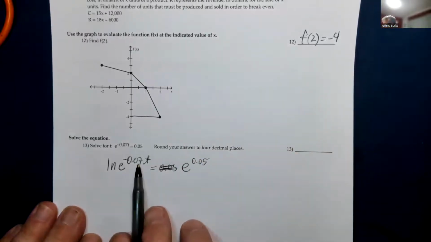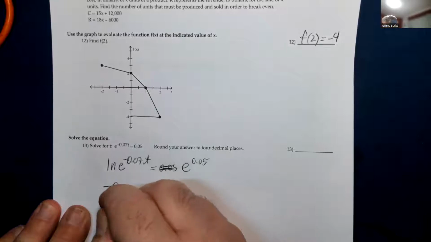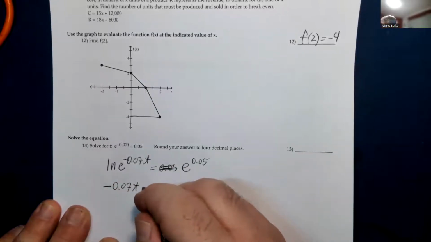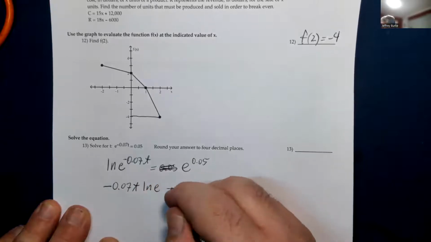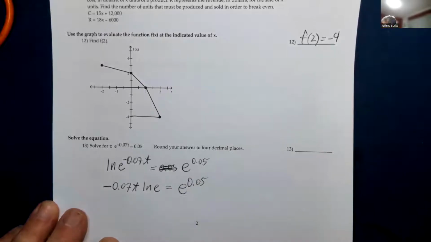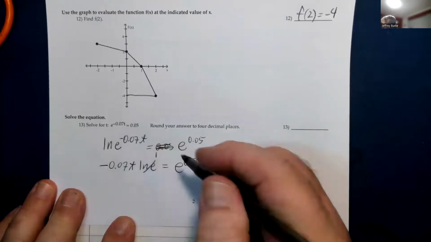Now I can bring this exponent down. This is a step that, if you look at the book, it'll skip a lot. I'm going to bring the exponent down, so it's going to be negative 0.07t times the ln of e equals the ln of 0.005. Hopefully everyone remembers that the ln of e equals 1.